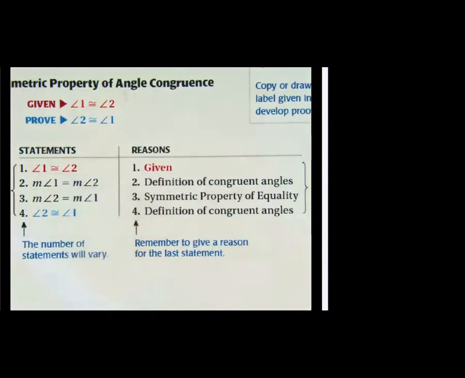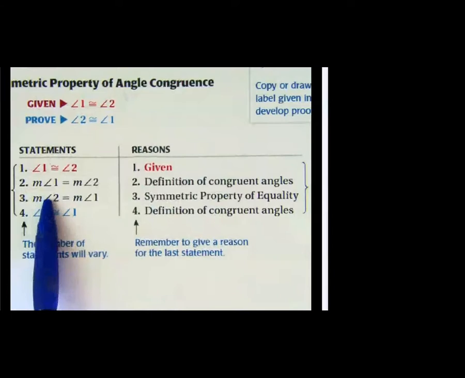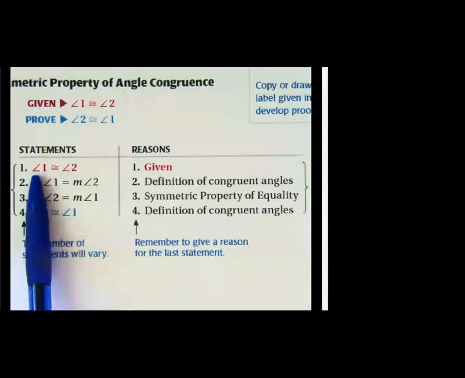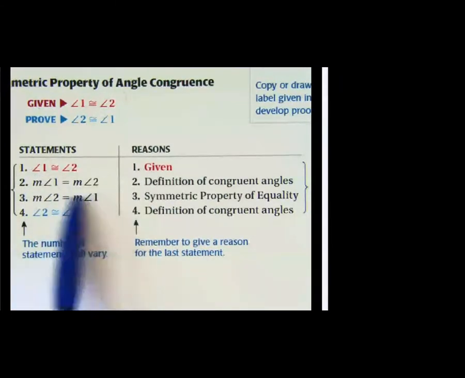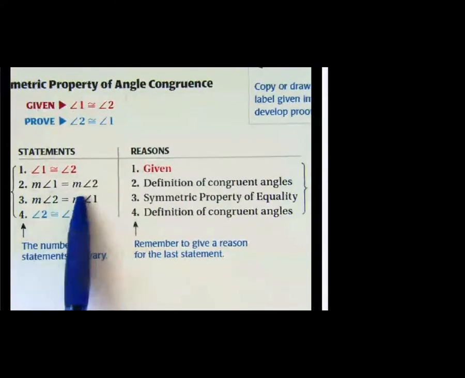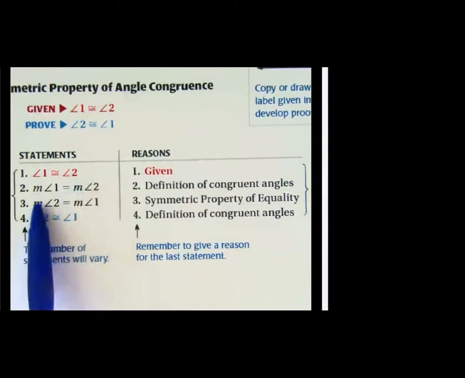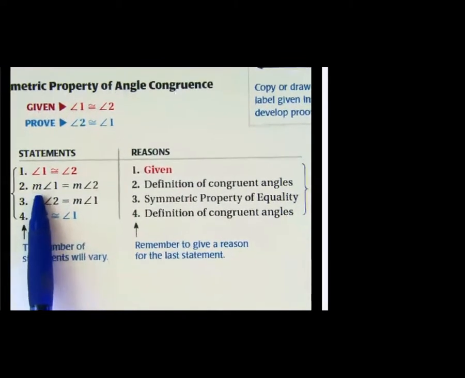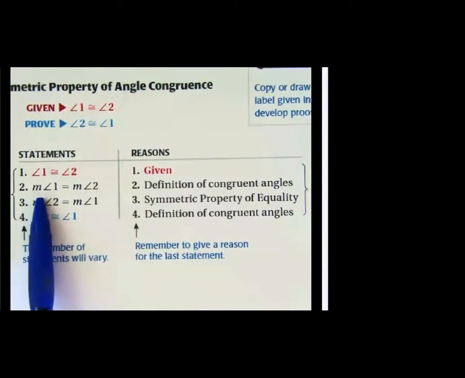You say, well, how can I make an angle into a number instead of a shape, and consider it as a number instead of considering it as a shape? And I say, oh, okay, I talk about the measure of it, that's a number. The measure of angle 1 equals, because it's a number now, the measure of angle 2. So now I'm talking about when you measure angle 1 and angle 2, it's the same.